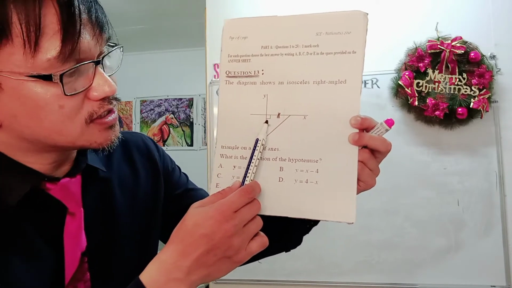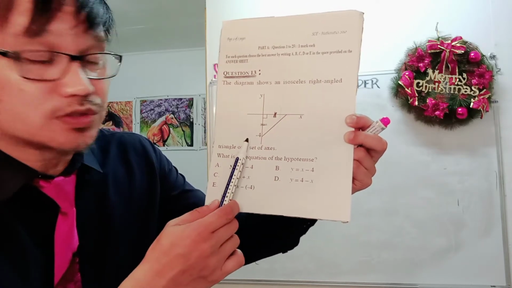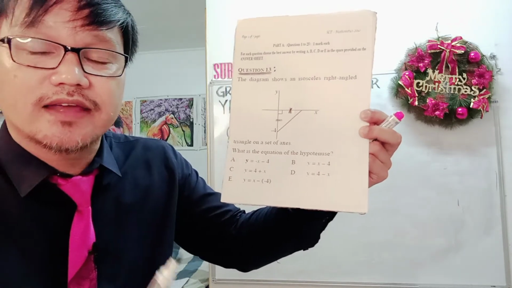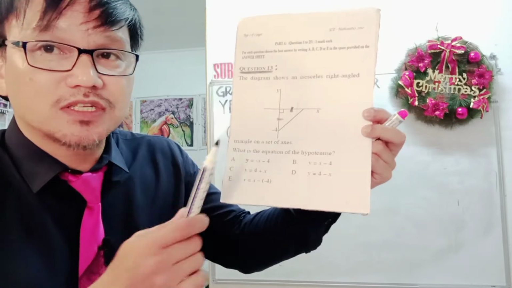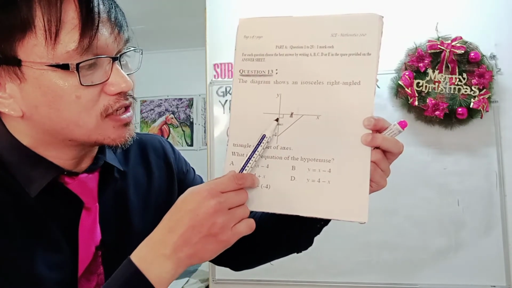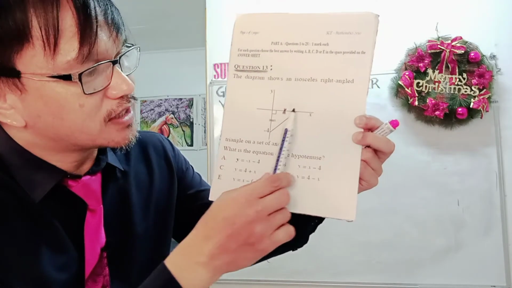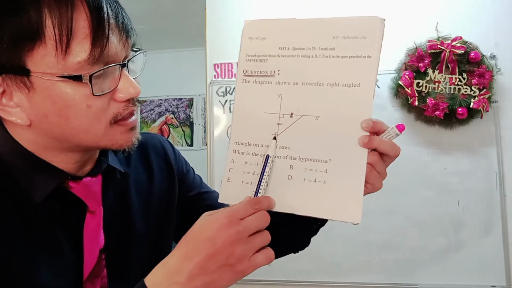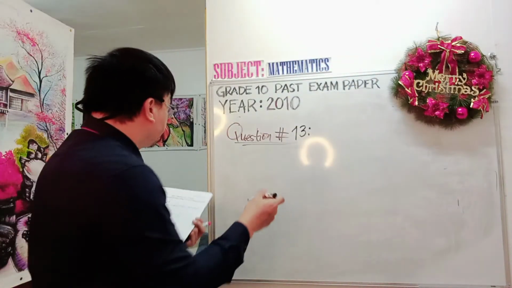So you have to be very good at identifying which side of the right angle triangle is the hypotenuse. That means it is referring to this line here. Let us redraw this one.